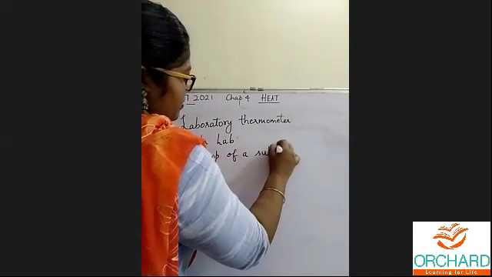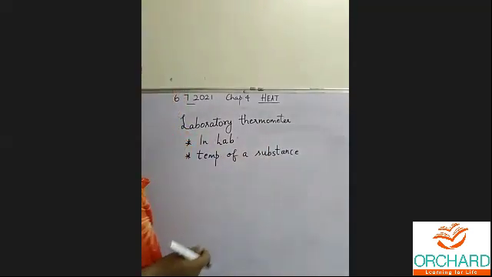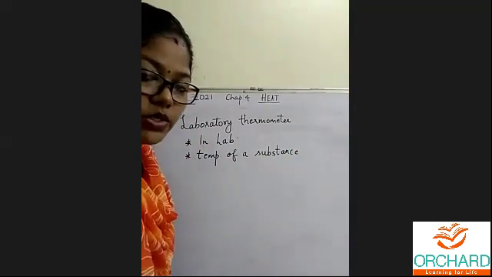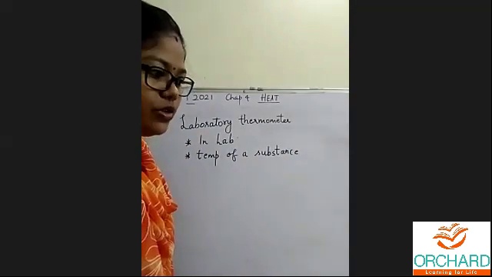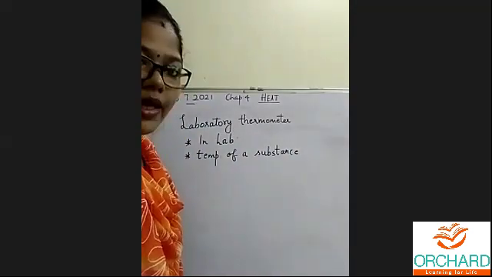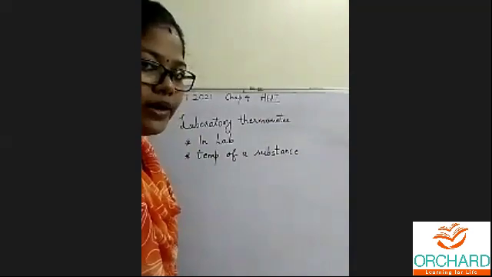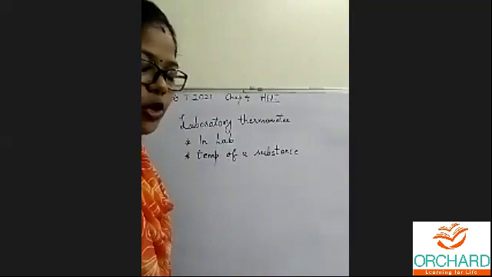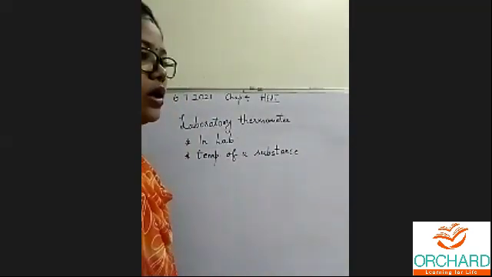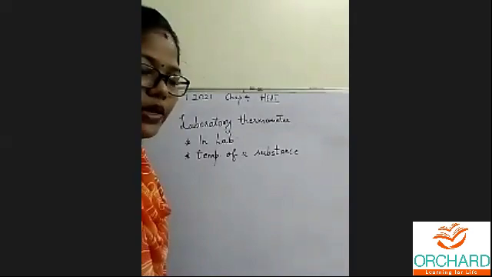There are some experiments where the appropriate temperature has to be maintained. Like in your last chapter, we saw that the female moth lays 300 to 400 eggs, and those eggs are washed and incubated at 25 degrees Celsius. That's the procedure to be followed in sericulture.